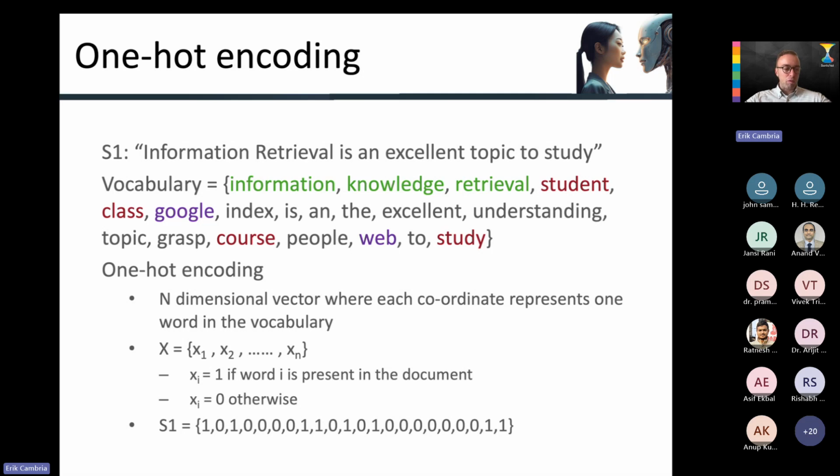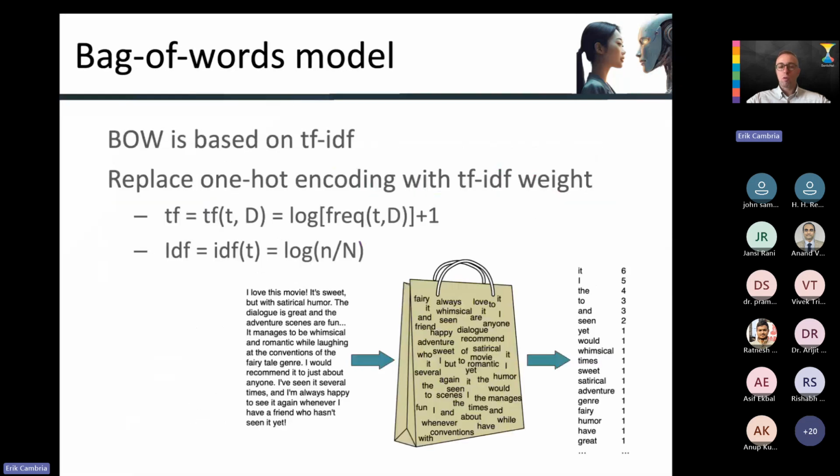One example: if you're searching for a document on your Mac, Spotlight, for example, uses one-hot encoding to find documents. That obviously works well for something that you know exists in your computer, but not so good for web search.